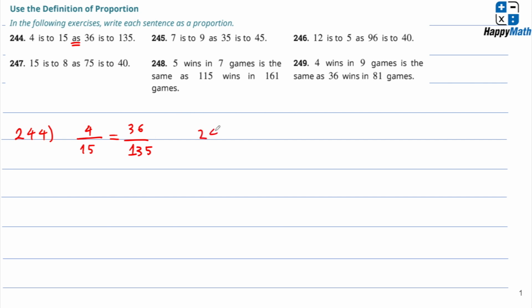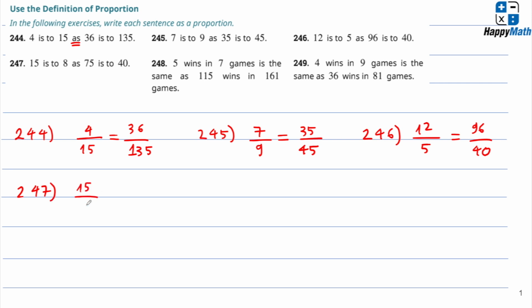And 245, 7 is to 9 means 7 over 9 equals 35 over 45. Then 246, 12 over 5 equals 96 over 40.